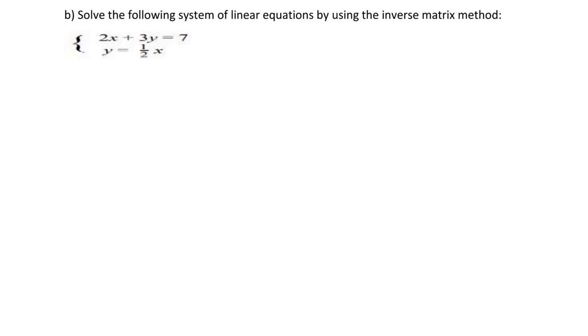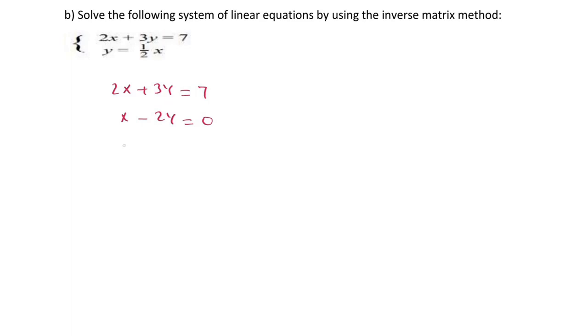Part B, solve the following system of linear equations by using the inverse matrix method. We've been given several linear equations there. First, let us rearrange the pair of equations: 2x plus 3y equals 7, x minus 2y equals 0. Next, let us write this pair in matrix format.